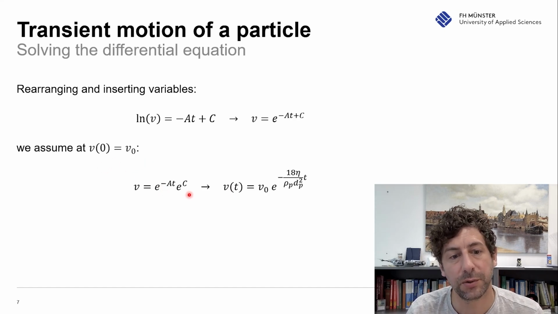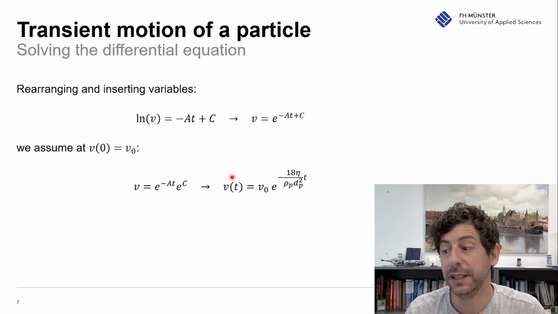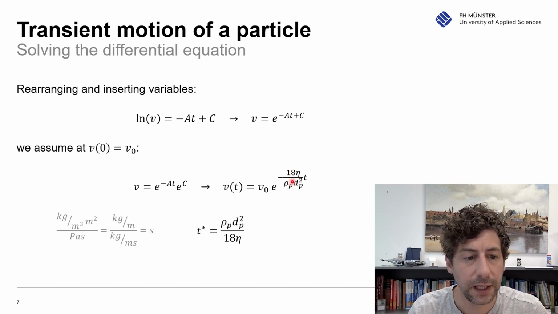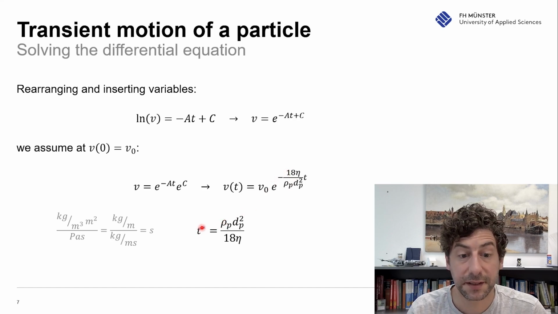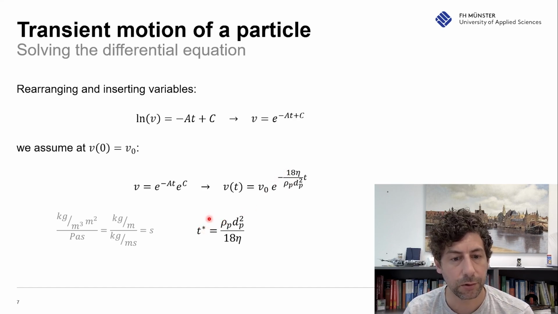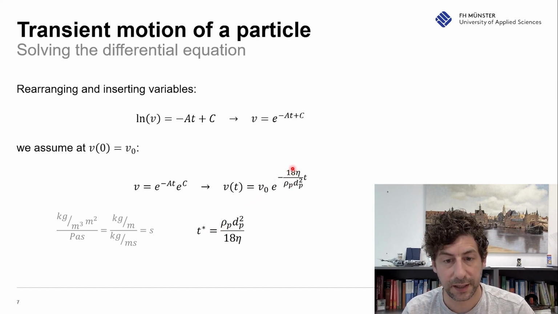If we assume this, we can rewrite the equation: v0 is this part, and the a we can now insert again, and then we have the final or nearly final equation here, because this term can be simplified by t star, which you should know from a previous video where we already introduced t star, and t star is the vice versa of this expression here.